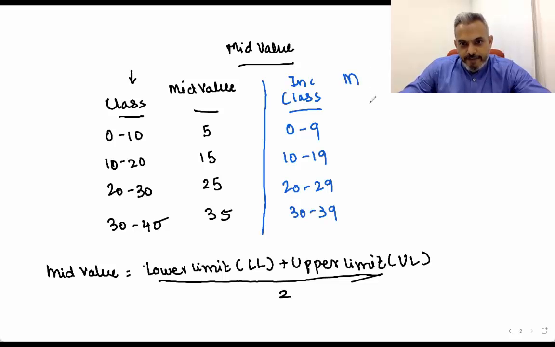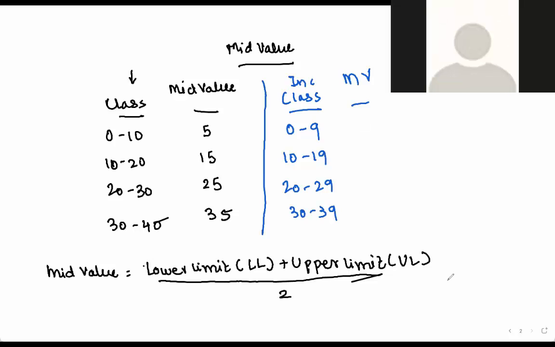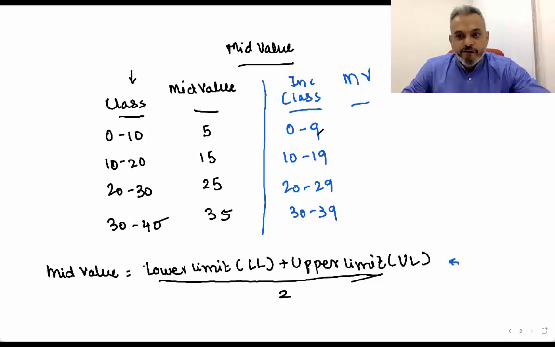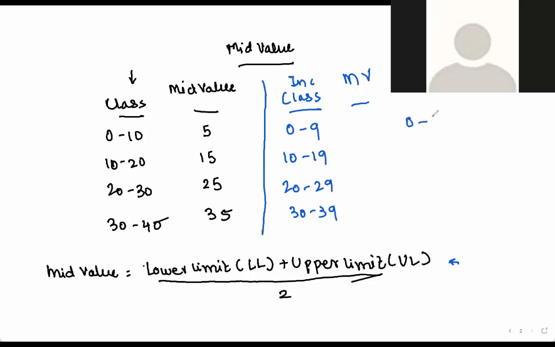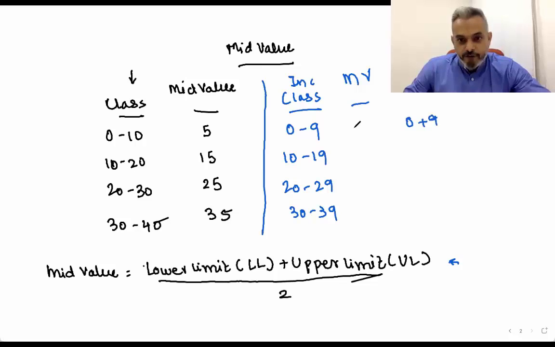Can you tell me the mid value of 0 to 9 based on this formula? Sir, 5. No, not 5. It is 4.5. 0 plus 9 divided by 2, which is 4.5.